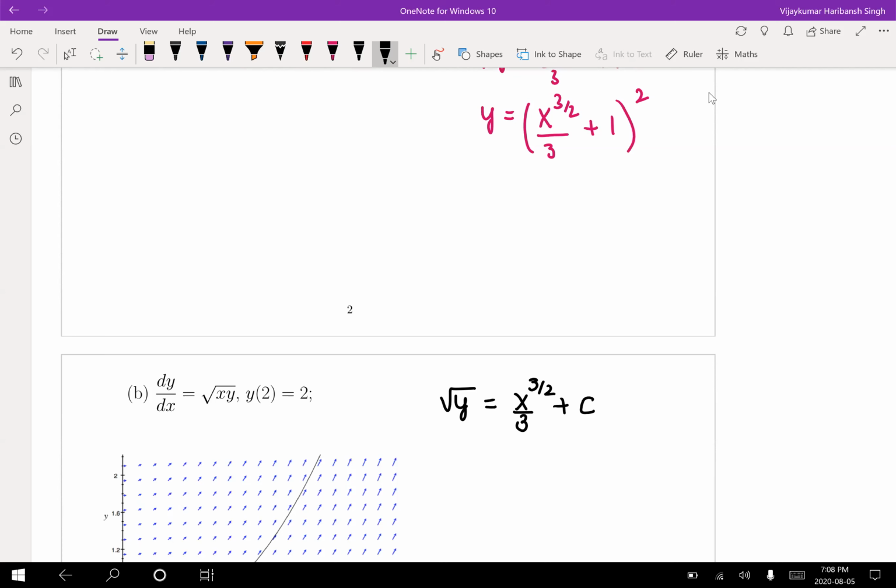So this is the equation. Now what I'll do is the following. We know when x is 2, y is 2. So put that in the equation. Therefore we get square root of 2 equals 2 to the power 3/2 divided by 3 plus c.